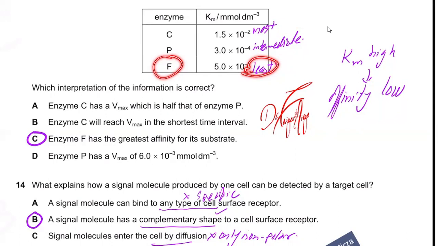Option A is actually telling you about Vmax. Option B is about Vmax as well. Option D is about Vmax as well. So what you can just remember is that there is no link of Km with Vmax. You can't predict Vmax with Km. So options A, B, and D will be outright incorrect, because they actually take into consideration Vmax.